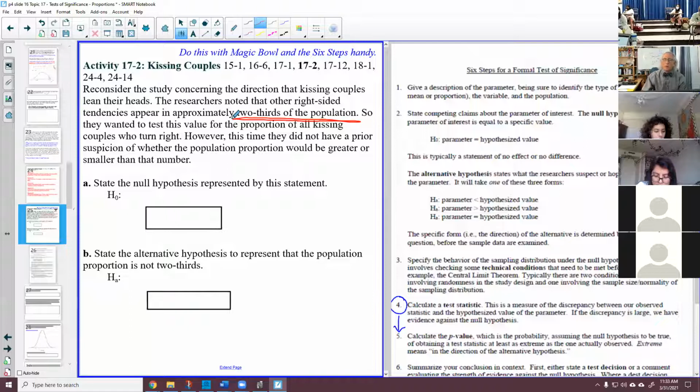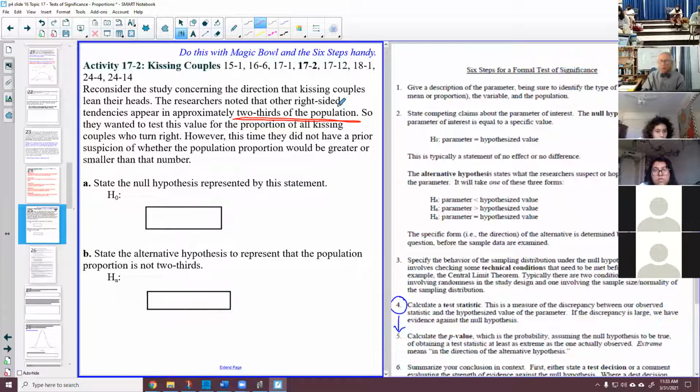Remember, the null hypothesis is always that I have a parameter, in this case pi, equal to a hypothesized value. I've noted that 2/3 of the population are right-handed. Maybe that applies to kissing. How would I write the null hypothesis in this situation?